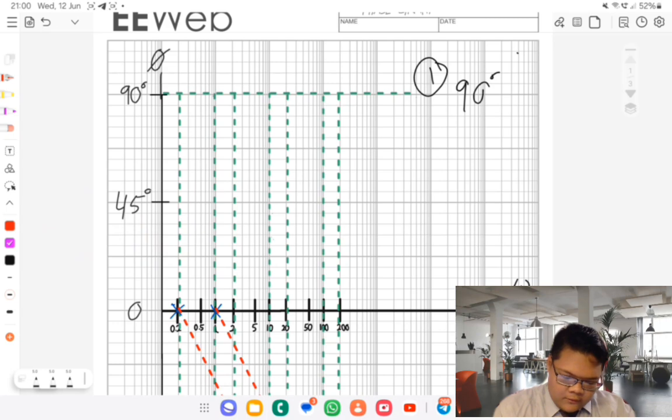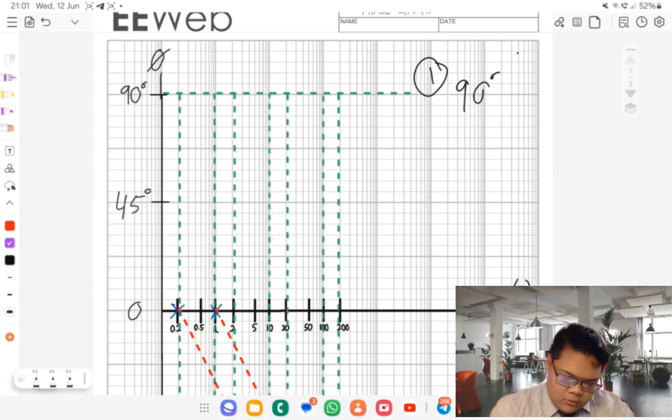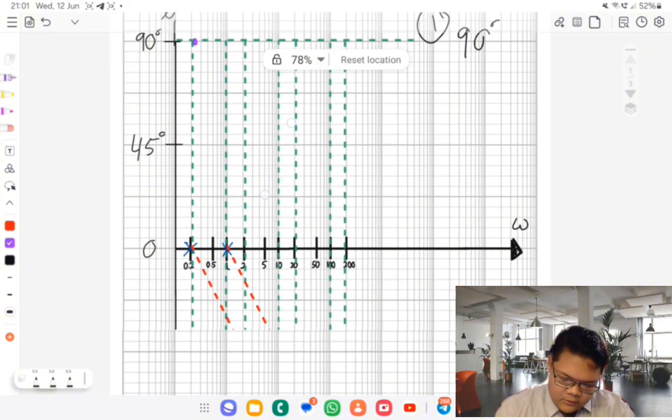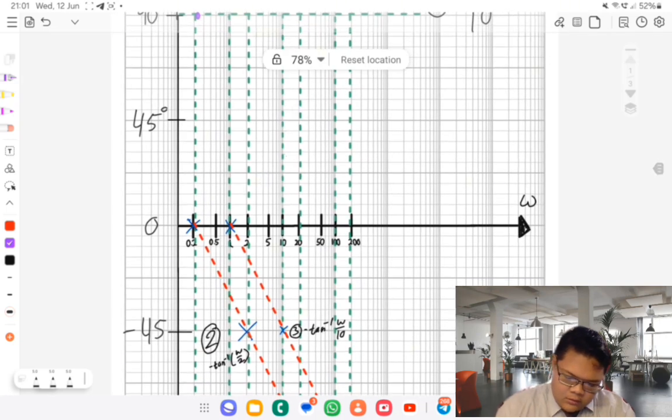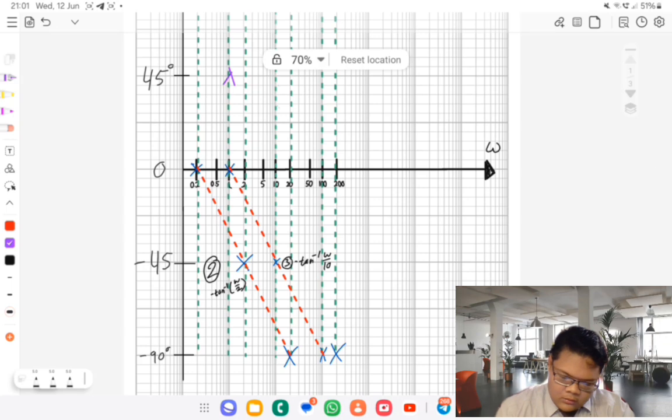So first we start with the 90 degree, and the line will touch the first value line here, and then we will continue at 10.